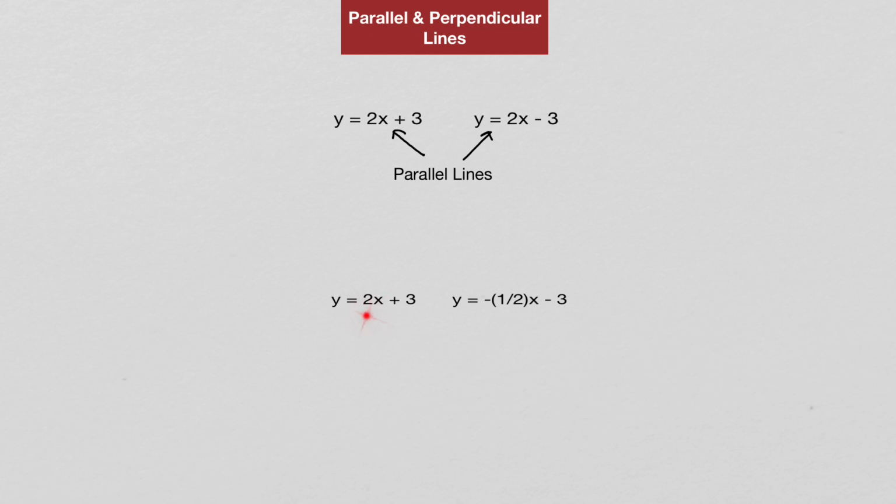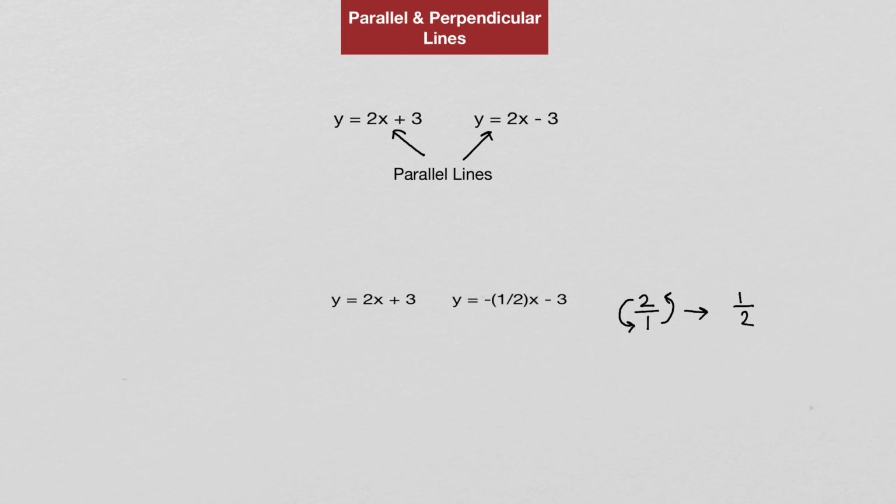Let me demonstrate what that means off to the side here. If we have 2 as a slope, that's really 2 over 1. Now if you flip that around, meaning we move the 1 to the top and the 2 to the bottom, what we get is 1 over 2. That's called a reciprocal, when you flip the numbers around.